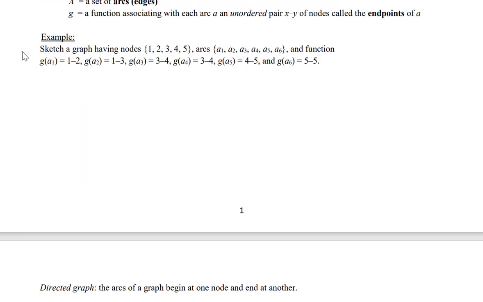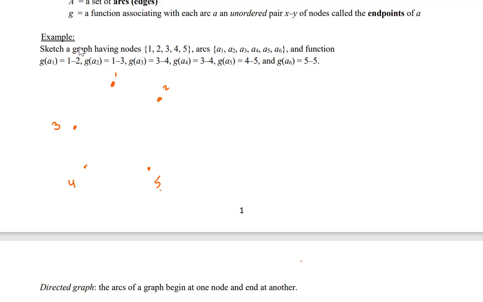It says sketch a graph having nodes 1, 2, 3, 4, 5, and you have these arcs A1 to A6, and function G of A1 represented from 1 to 2, G of A2 represented from 1 to 3, and so on. So take a minute and try to draw this graph based on this definition.